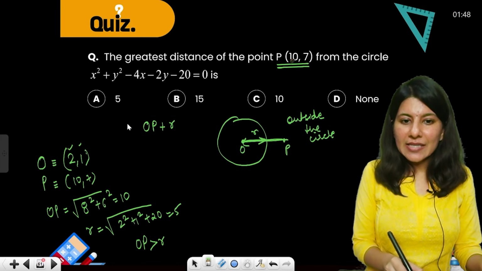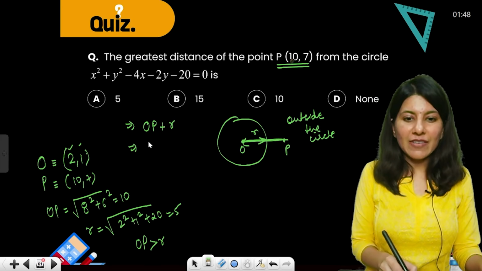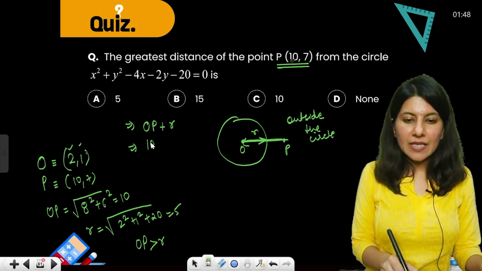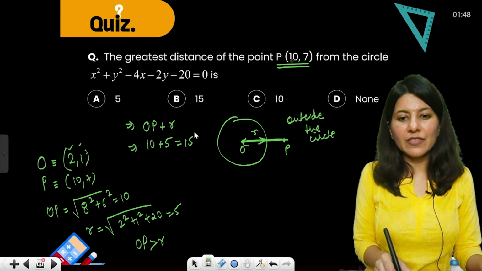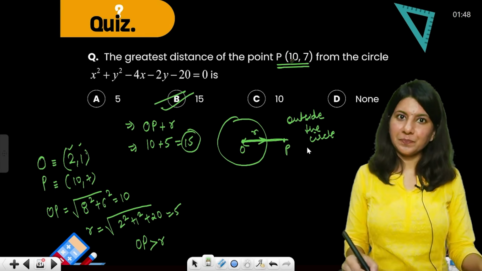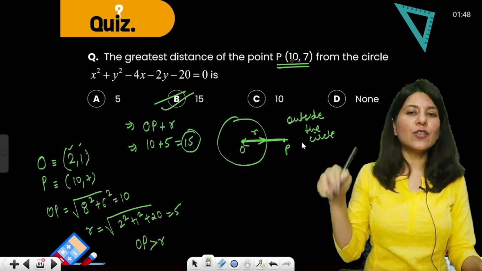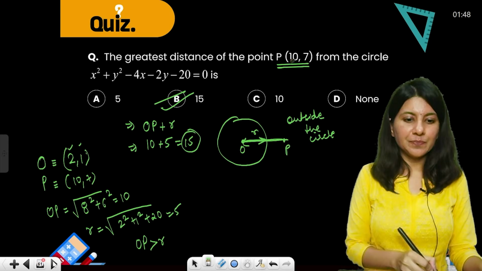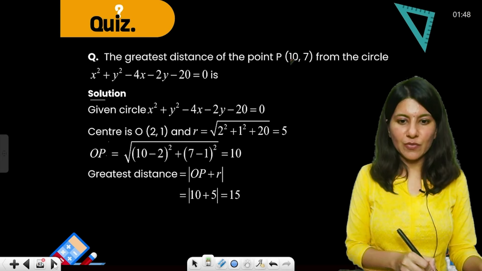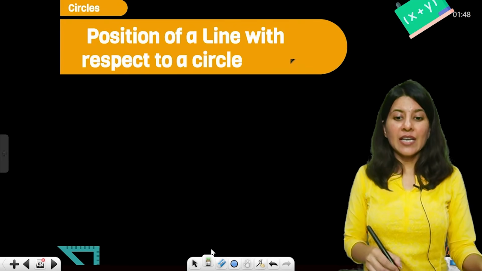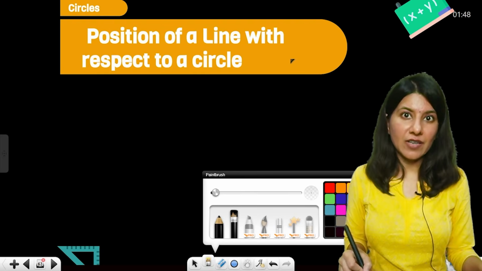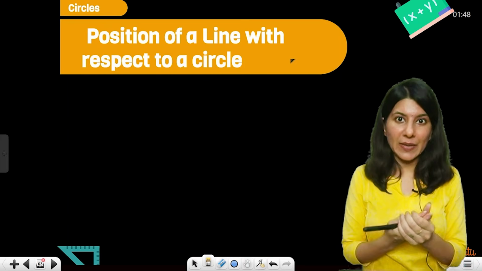Now again, OP plus R is the maximum distance. The final value will be OP, which is 10, plus 5, that is 15. Option B. Okay. You can just go ahead, draw the same diagram and understand what is happening. So 15 is the correct answer. Okay. So now we have talked enough about the position of a point with respect to a line.